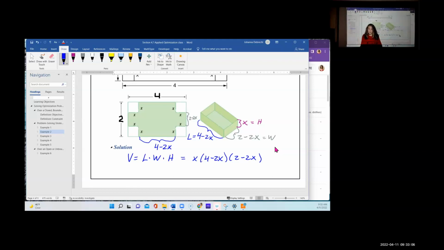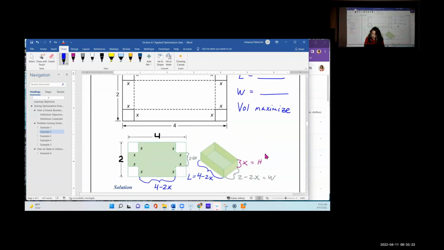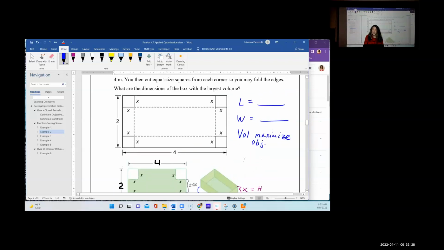Now, we have a bit of a problem here in that we need to multiply this out in terms of one particular variable. We do have only one variable, which is x, and we're trying to maximize the volume. So this is our objective. And we do have some constraints, but we haven't written them down.